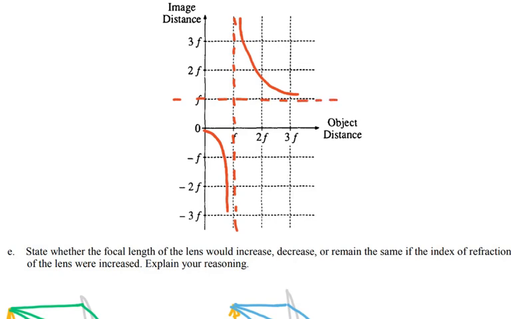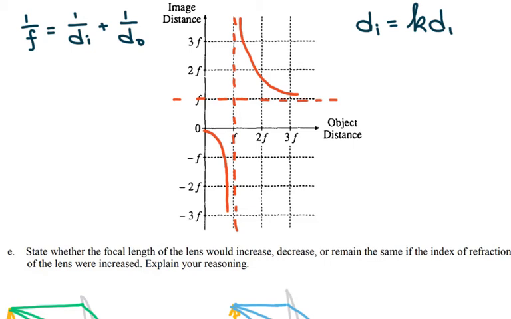I can also do this through the lens equation. I can rewrite my 1 over the focal length equation, 1 over di plus 1 over do, and I'm going to solve for an equation that will look something like di is equal to m, or let's do k, so it doesn't look like a slope, and do.